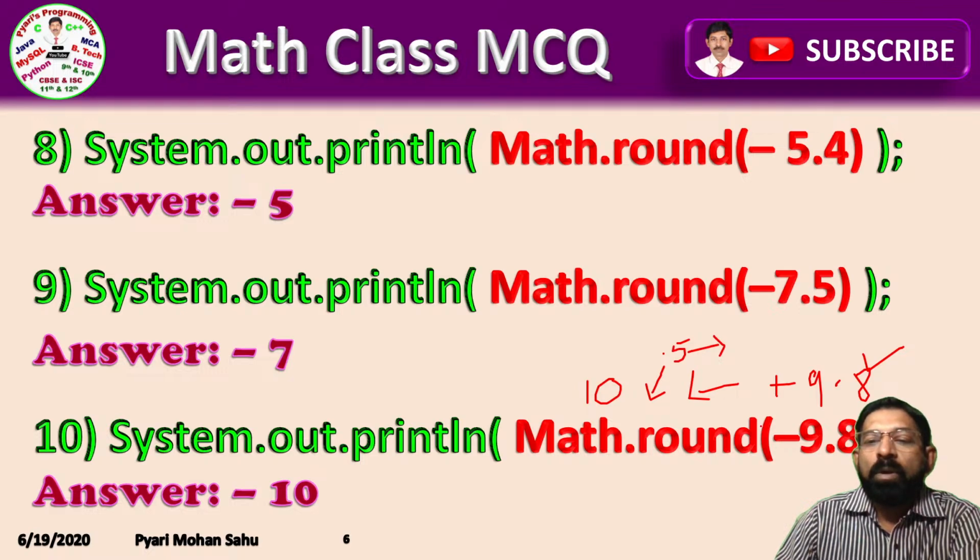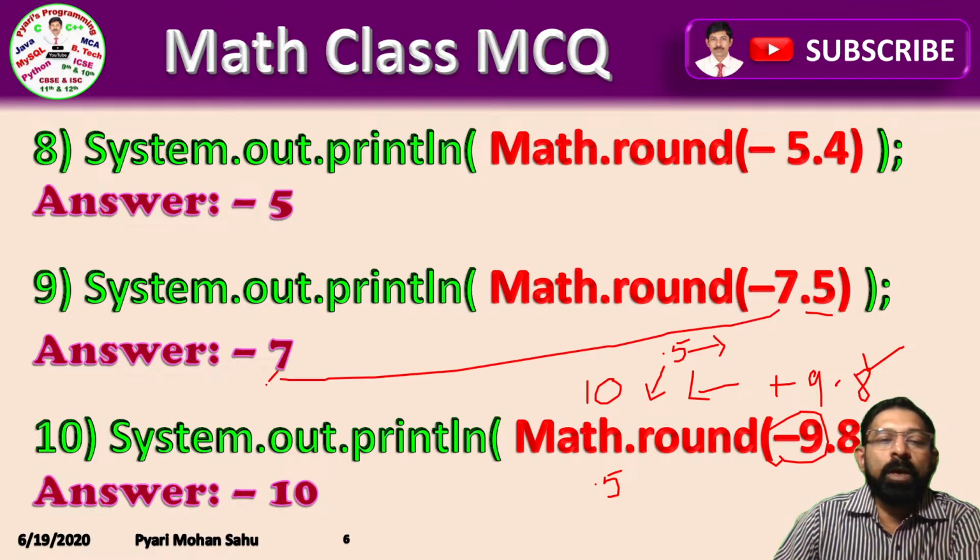Now in case of negative, it is just the reverse. That means if it is 0.5 or below, it will return the integral part, because 0.5 is included. The integral part is displayed over here.